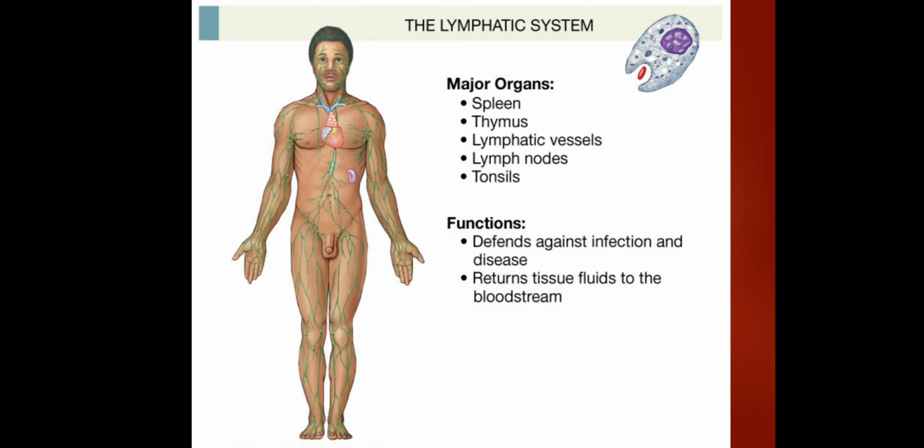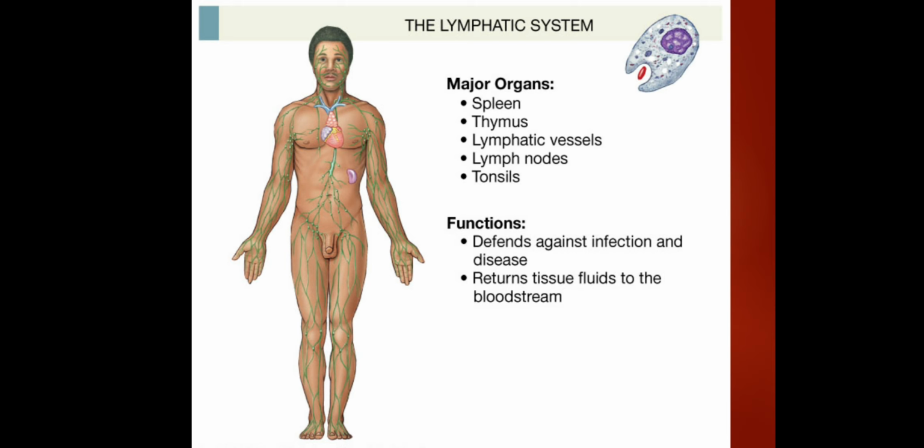Okay, let's proceed to the lymphatic system. What are the major organs of the lymphatic system? We have the spleen, thymus, lymphatic vessels, tonsils, and lymph nodes also. What are the major functions of it? We have defense against infection and disease, and returning tissue fluids to the bloodstream.